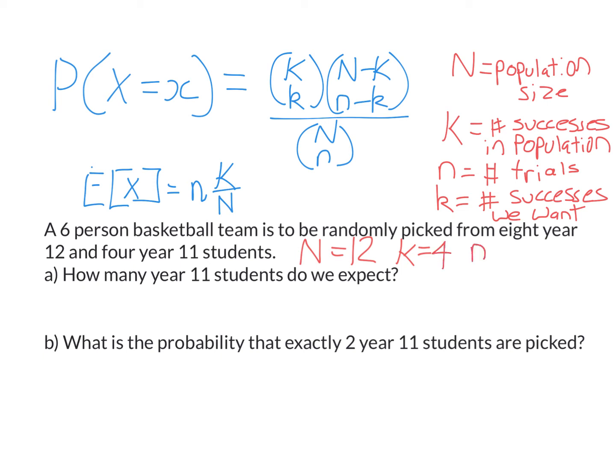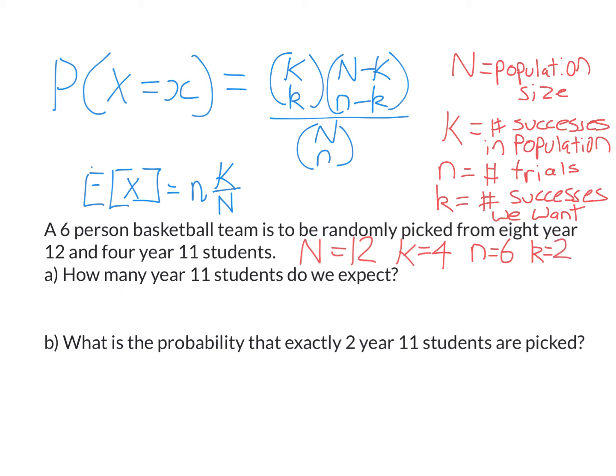So little n is the number of trials. Here we're picking 6 people, so 6 is the number of trials. And little k is the number of successes we want. Although k is not in the expected value formula, we're going to use it down here. So in this question, we want 2 year 11 students, so little k is going to be 2.